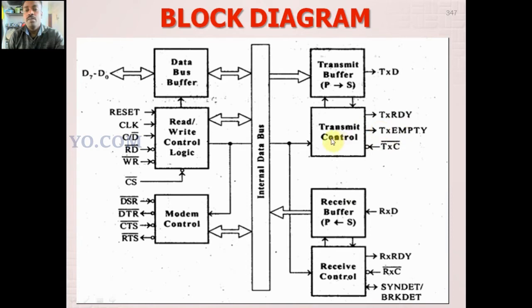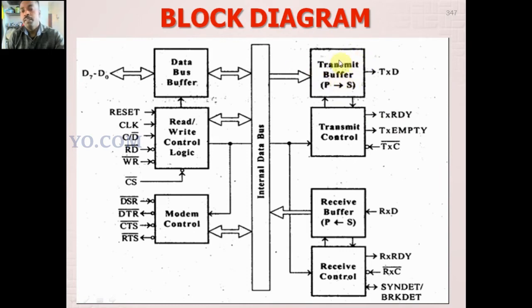This block controls the transmit buffer according to the control signals received from the microprocessor through the read write control logic and other external devices. The transmit buffer is used to handle the data between the external device and 8251.